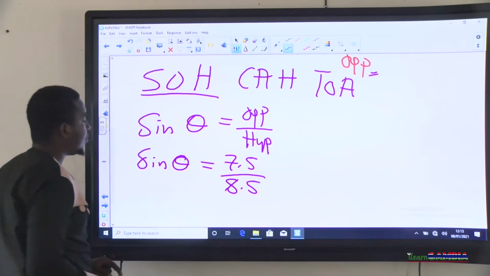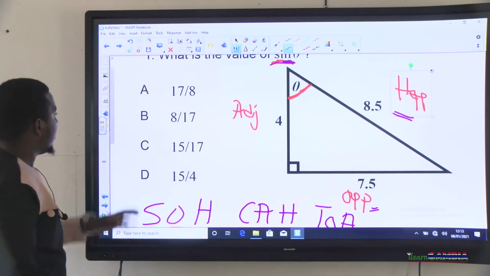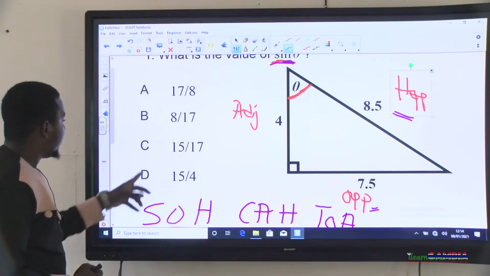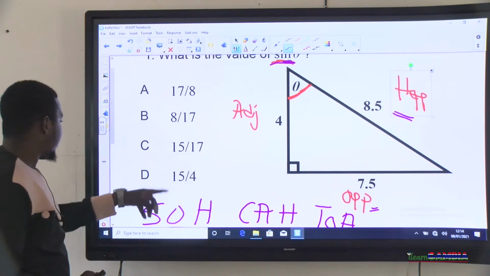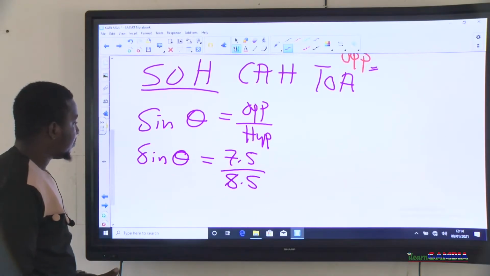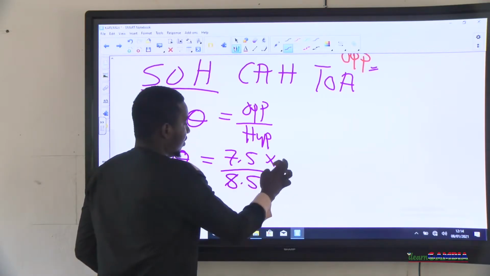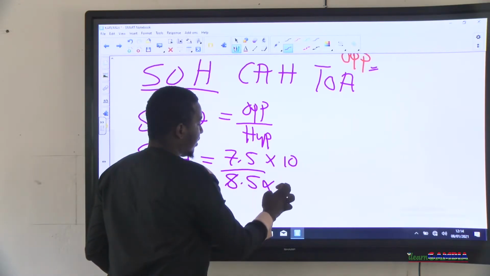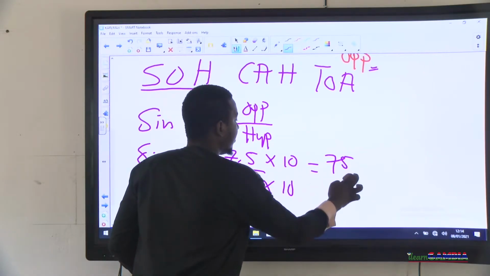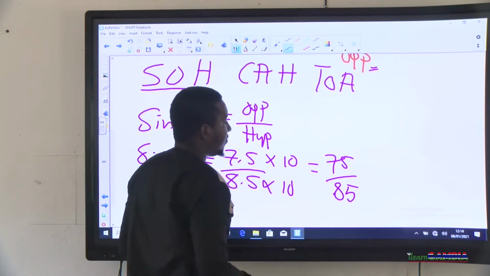So remember, we are given some options, and the options are 17 over 8, 8 over 17, 15 over 17, and then 15 over 4. So let's try to simplify this and see what we will have. Since they are decimals with only one decimal place, when you multiply the numerator by 10 and the denominator by 10, this is going to give us 75 divided by 85.